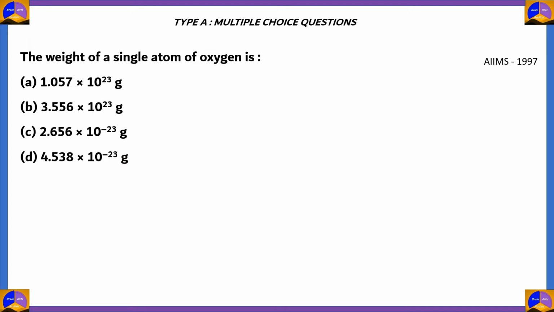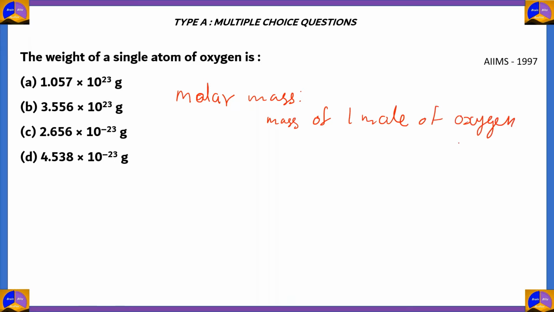So we need to find out what molar mass is in order to do this question. Molar mass is the mass of 1 mole of an element, say in this case oxygen, in grams.